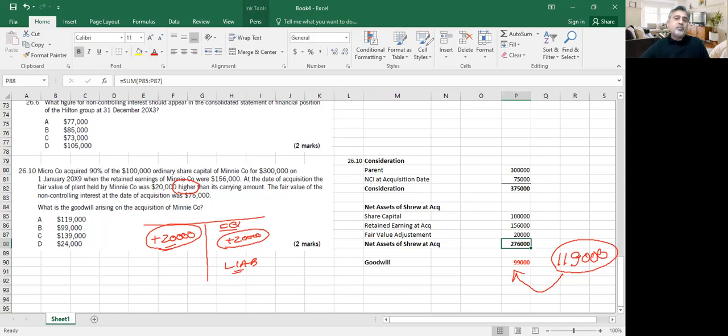Now, remember what happens in consolidation. As we move forward and start doing consolidation, we are going to use the same knowledge which we have learned so far in different IFRS standards. The only problem is that one adjustment goes in many different places and impacts many different situations.